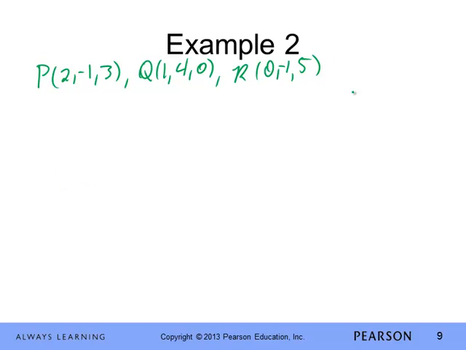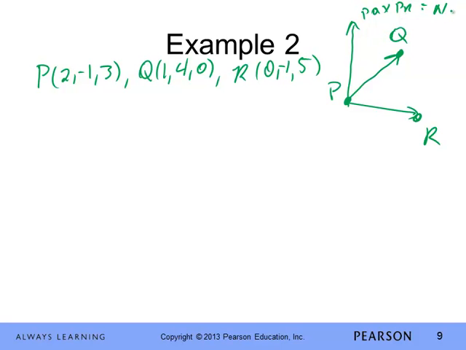So imagine that you have points P, Q, and R. And we're going to shoot a vector from P to Q, shoot a vector from P to R, and then the cross product of PQ cross PR will be your normal vector. Okay?